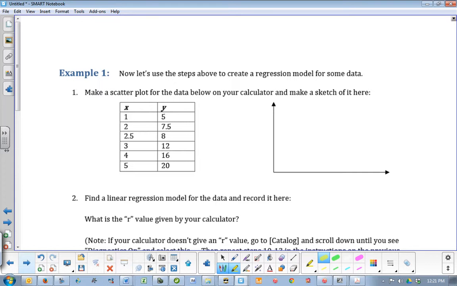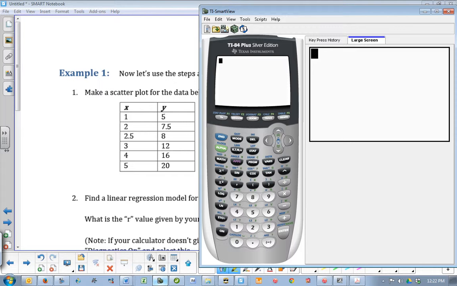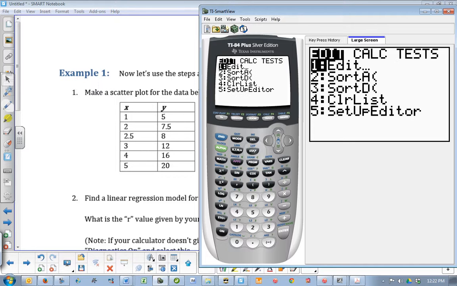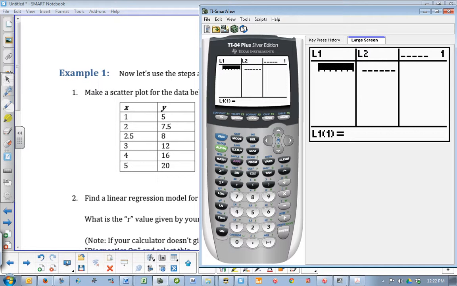So here we want a scatter plot for this data. We're going to go to our calculator and enter the data. The way we do this is we go to stat, then edit, enter. Now you should have L1 and L2 up here.